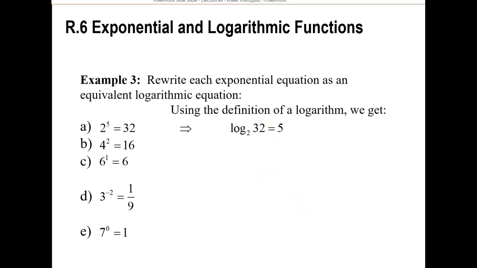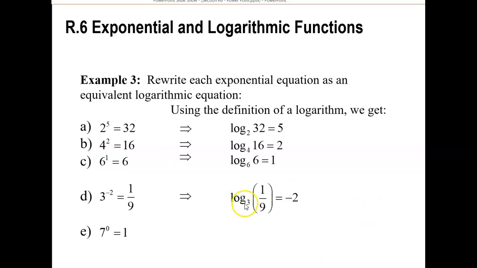So I know you have to get used to using it if you haven't used it in a while or are not familiar with it. All right, using the same procedure here, 4 to the 2nd equals 16 means logarithm base 4 of the 16 would equal the 2, which is the exponent. This one, log base 6, this base 6 coming from this number, of 6, which is the number over here, equals the exponent 1.